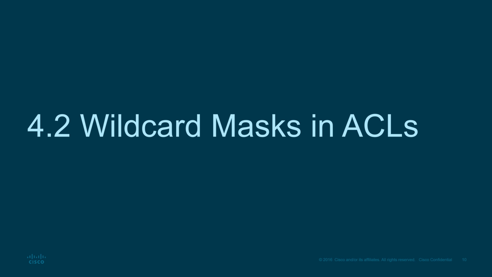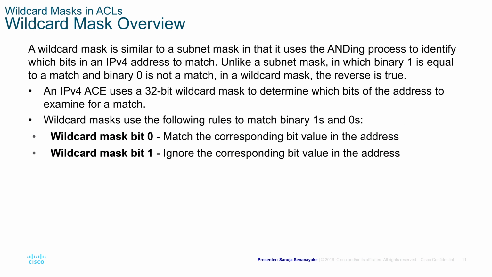Wildcard mask in ACLs. Wildcard mask overview. A wildcard mask is similar to a subnet mask in that it uses the ANDing process to identify which bits in an IPv4 address to match. Remember AND and OR in computer science?